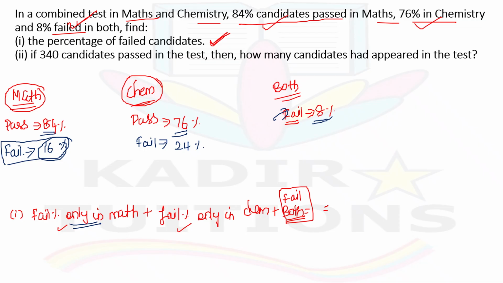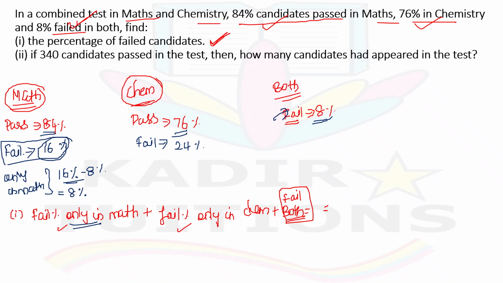So now only in math, how much percentage of failed candidates are there? How will you find that? Only in math is the failed percentage in math, which is 16, minus the failed percentage in both subjects, which is 8, right? If you do this subtraction, we get the failed percentage only in math. Same for chemistry.